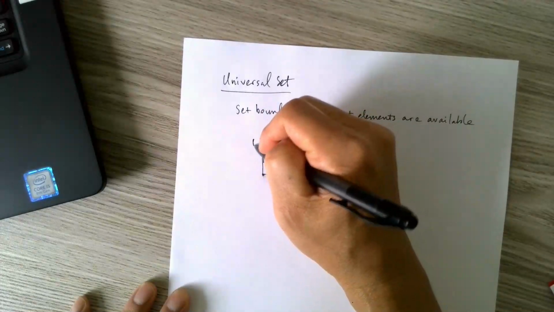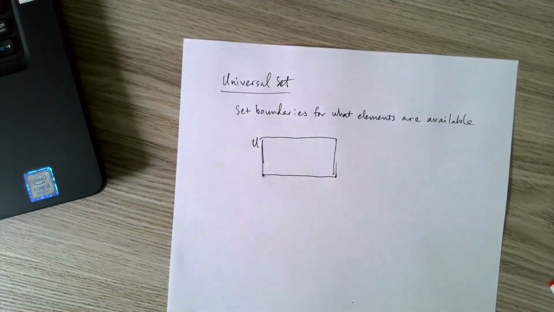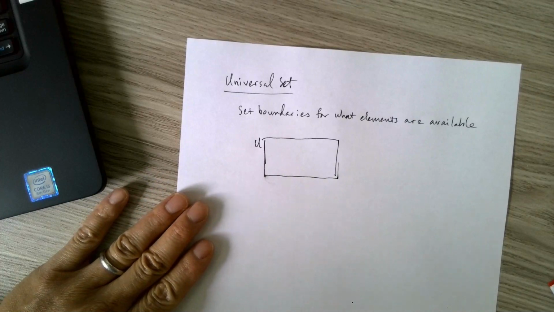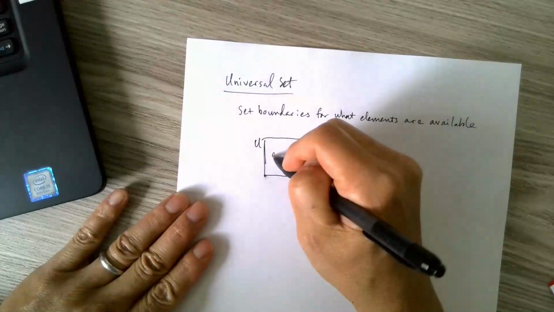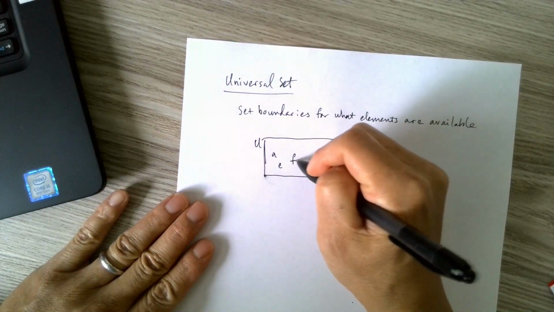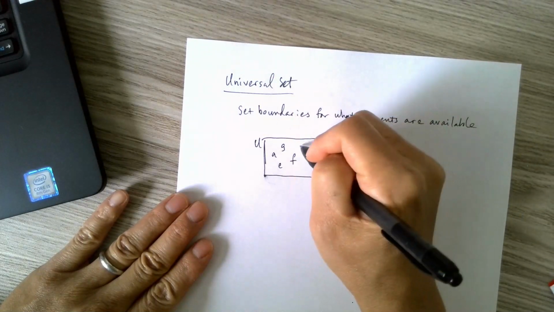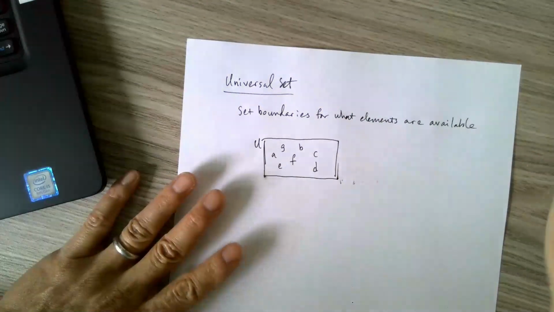So I'm going to put a capital U here so that you know that this rectangle is going to represent the universal set. And inside the universal set, I'm going to put some letters scattered around.